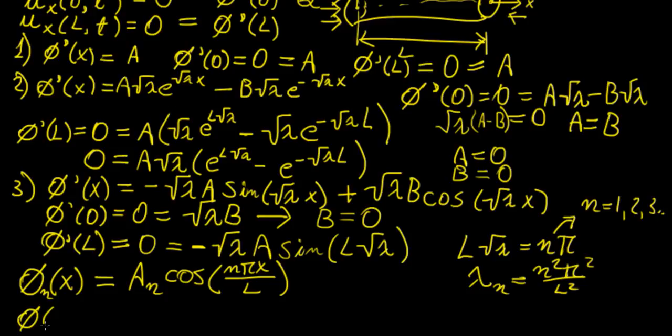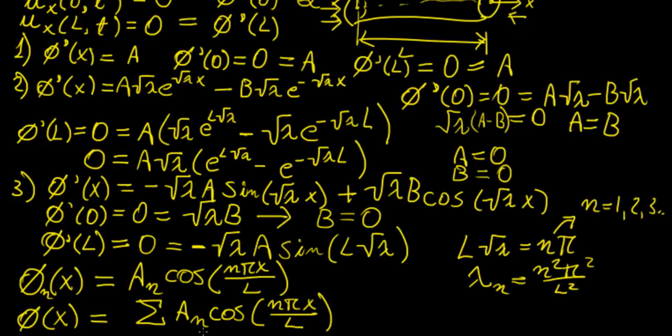And so the total solution is just going to be the sum of all those terms. So we're going to have the sum of a_n cosine n pi x over L, to infinity, n equals 0.